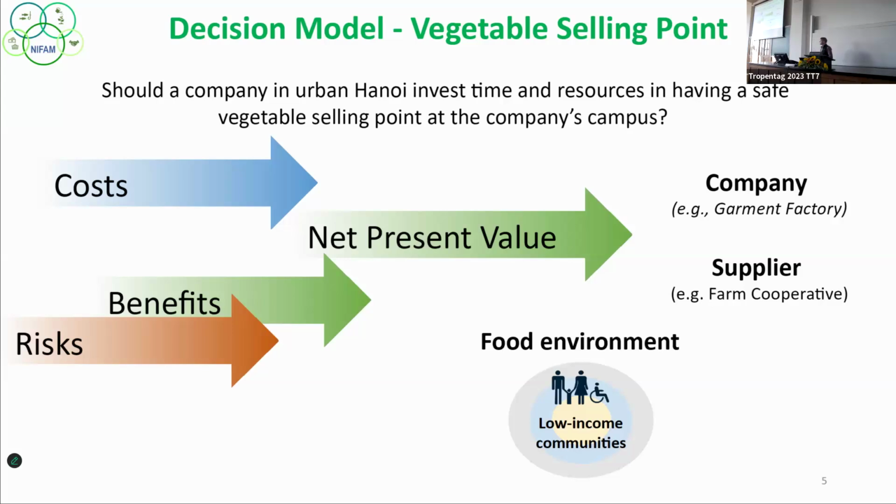Would they work better? Maybe for the supplier of those safe fruits and vegetables, mainly vegetables, would they then get a benefit from this? And ultimately the food environment. So that was very complex, but we try to model the implications on sustainable food environments for those communities of a vegetable selling point on the campus of a garment factory.